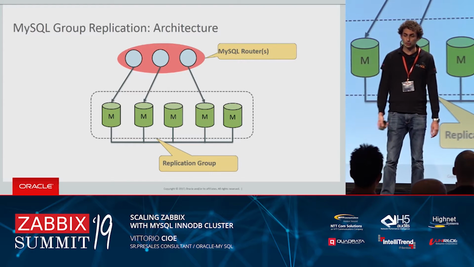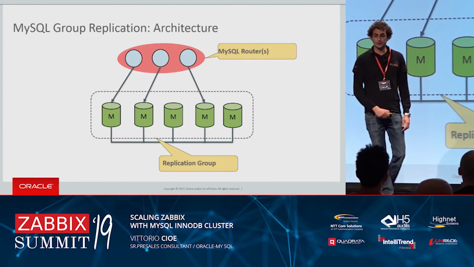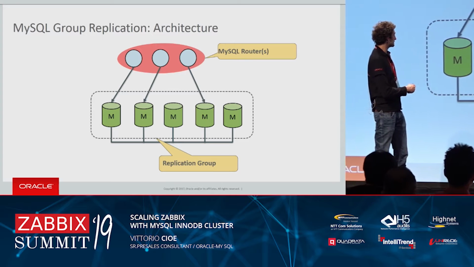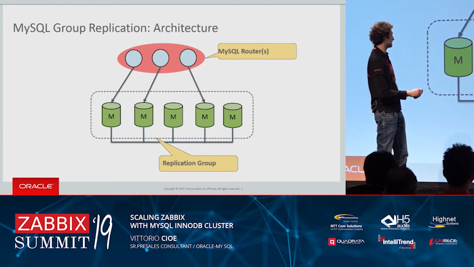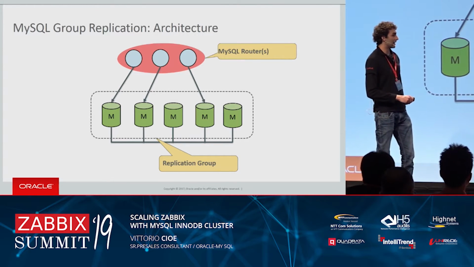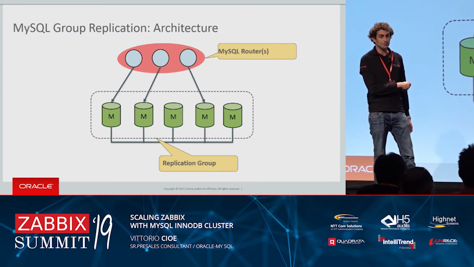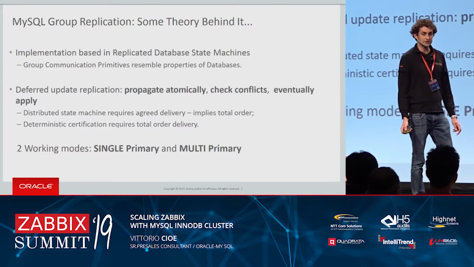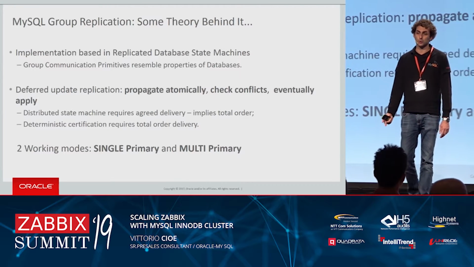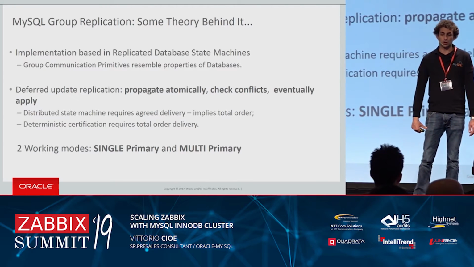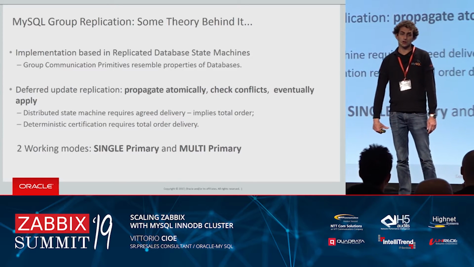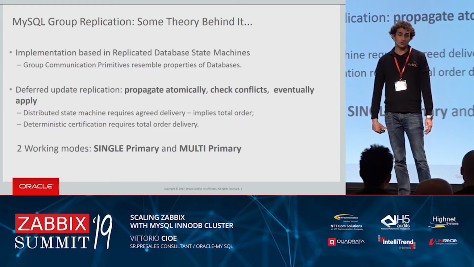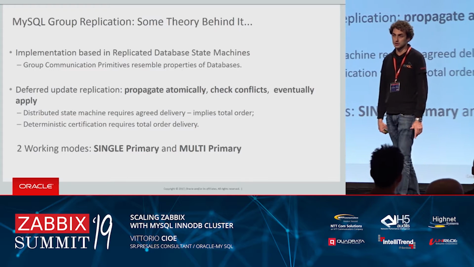So the architecture works as follows. There are the MySQL routers and there is the group, and the MySQL routers will route into the group of master servers, and those master servers can work in 2 modes. Single primary, where we write only on one server and we use the other servers for read-only.